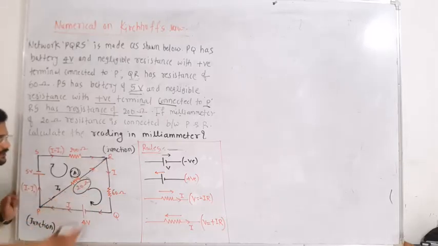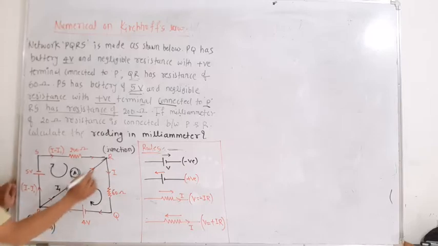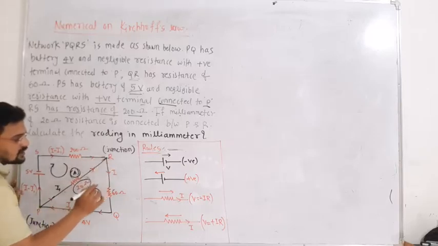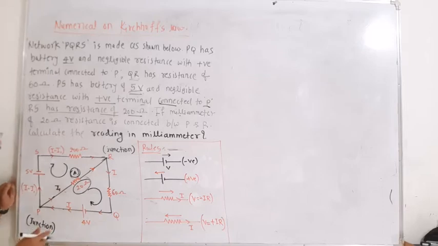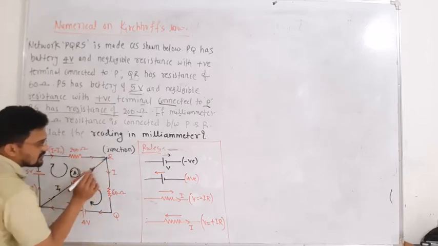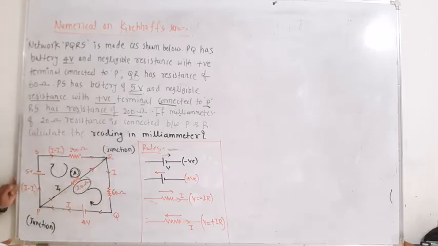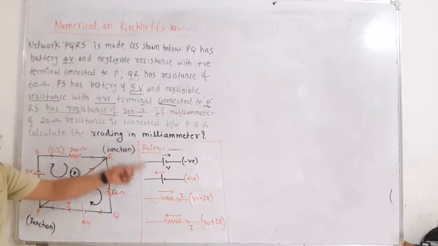So P and R are both junctions. At a junction, the sum of all currents is 0, or the current entering the junction equals the current leaving. Now you have to find I1 if the ammeter is connected across this. Just remember this rule.